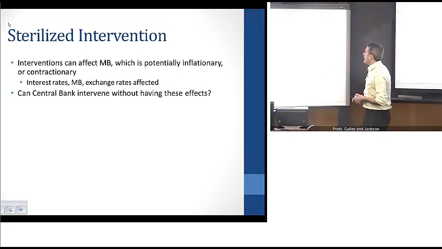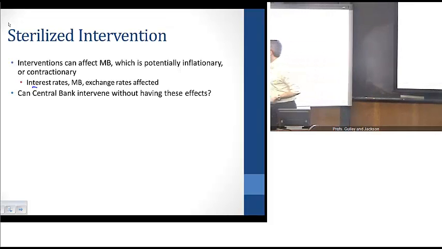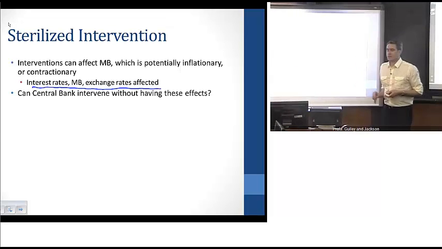In particular, increases in the monetary base can lead to expansionary monetary policy, which can lead to potential inflation risk. The flip side is if the monetary base falls, that could be potentially contractionary. And that all has impacts on interest rates, the base, and exchange rates through the mechanisms that we talked about before.